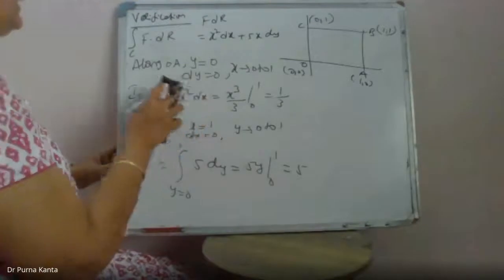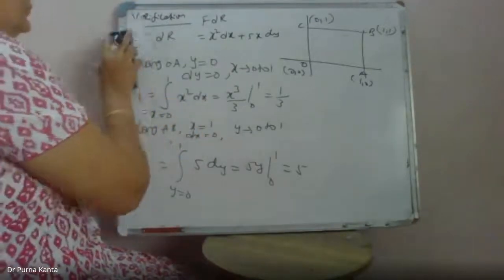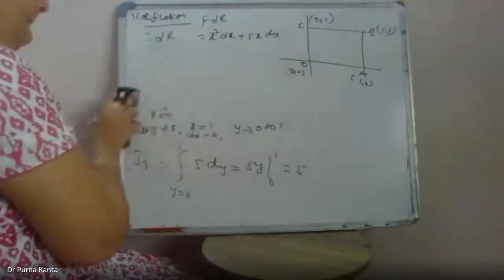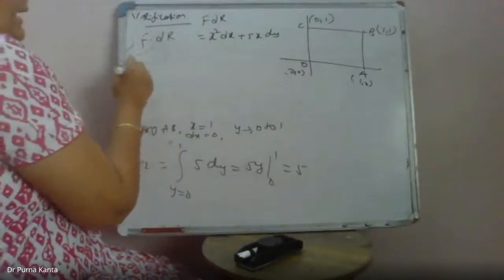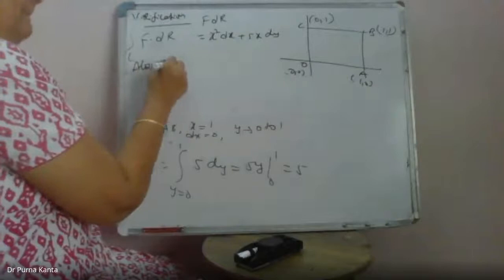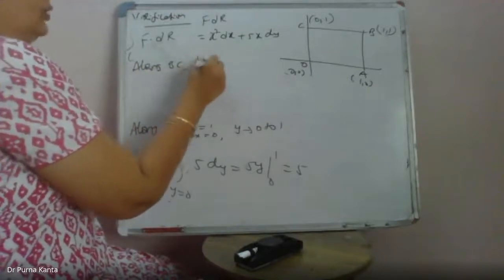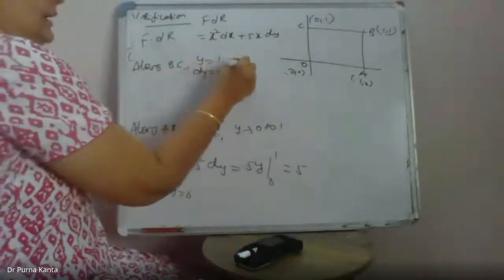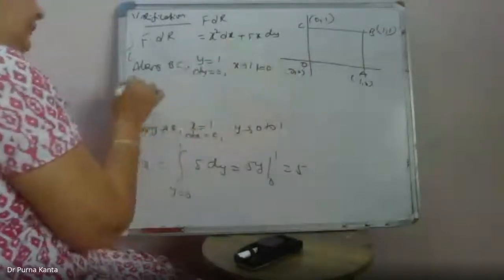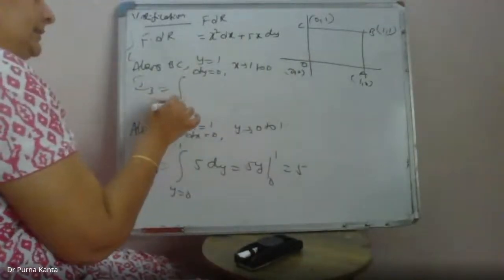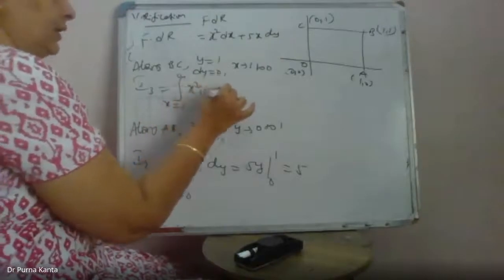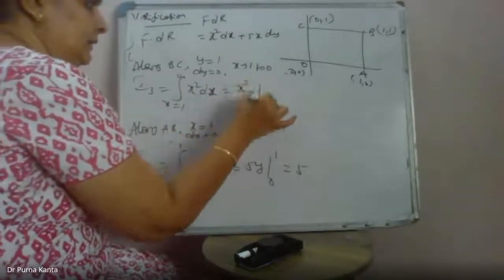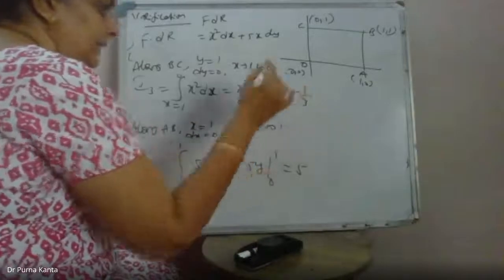Okay, now we go with the third line. Along BC, we have y equal to 1, dy equal to 0, x is from 1 to 0. So I3 is equal to integral x is equal to 1 to 0, x square dx, y equal to 0. X cubed by 3 between the limits 1 to 0, which is minus 1 by 3.